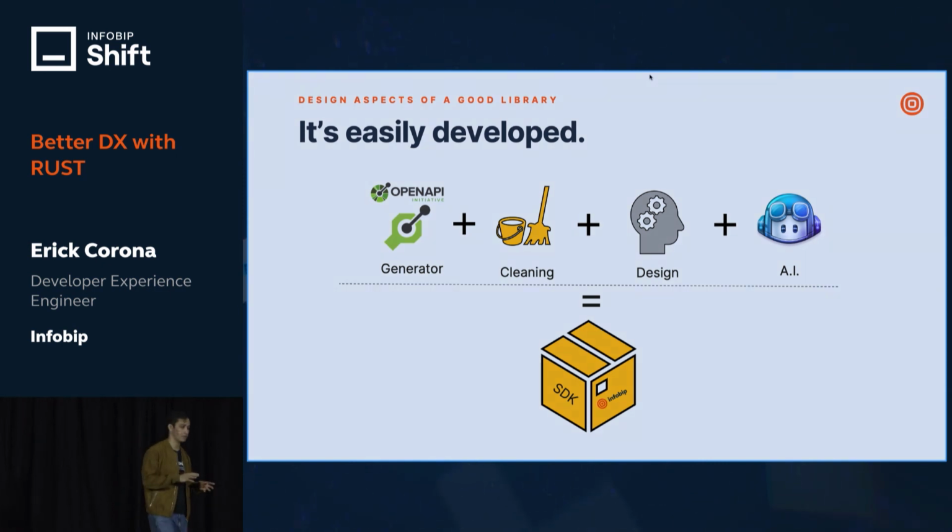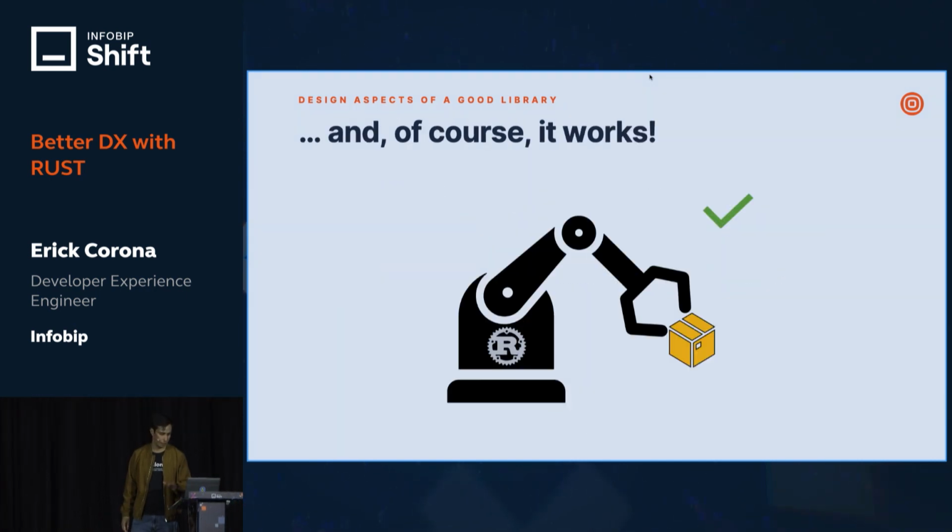So for all the payloads that we have, we just feed the generator with the OpenAPI specification. Then we did a cleaning of that generated code. We gave it a nice design. And after we had a good base of code, we used AI to generate a lot of the boilerplate. And that gave us a very nice and maintainable SDK. And last and most importantly, this library should work. So now we are going to see it in action.